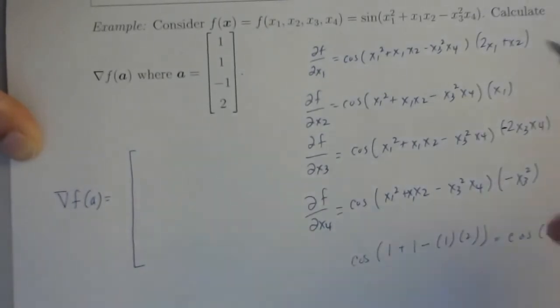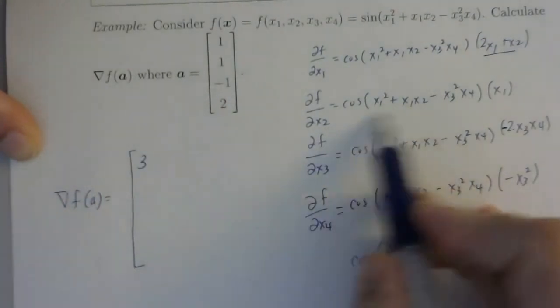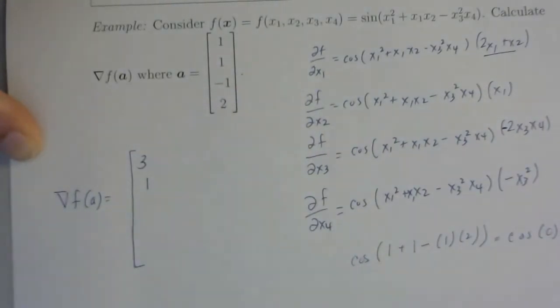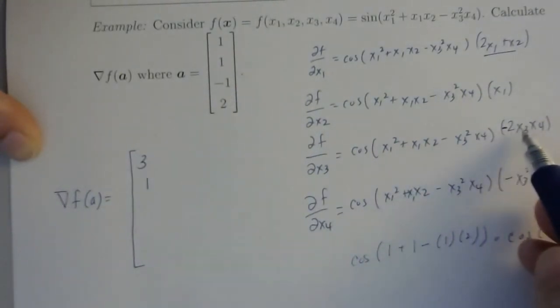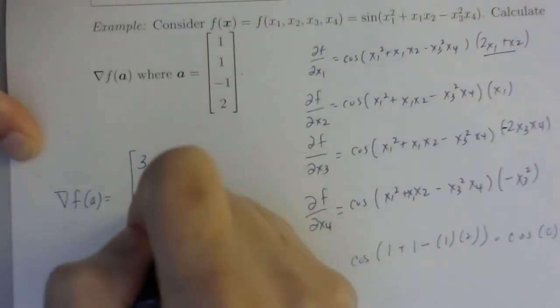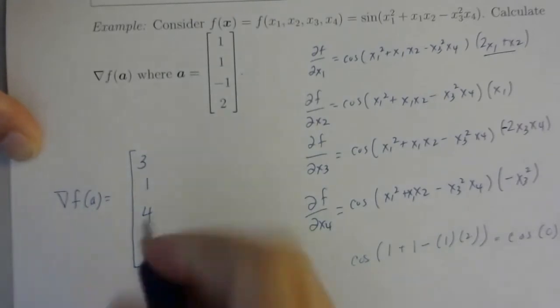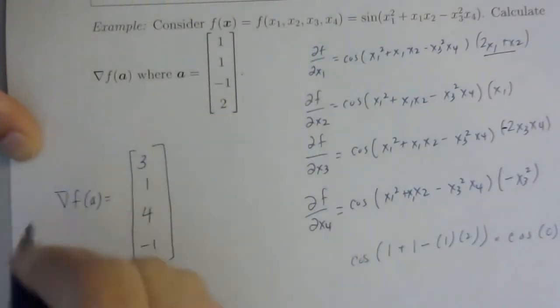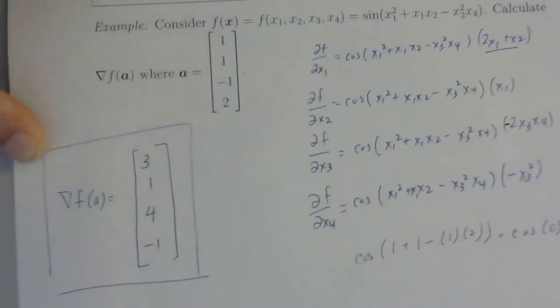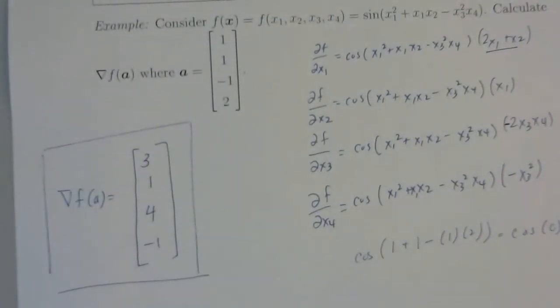So the first element is just going to be 1 times 2x1 plus x2, which is 3. And the next element will be 1 times 1, and then 1 times minus 2 times minus 1, which is 2 times 2, so 4. And then 1 times minus 1 squared, which is positive 1, minus 1.